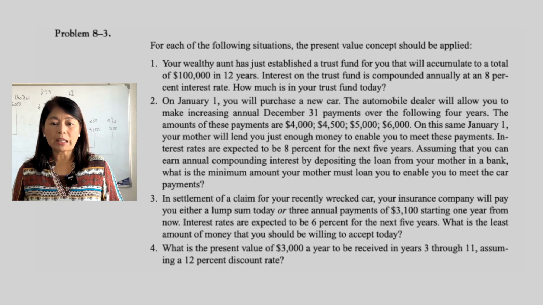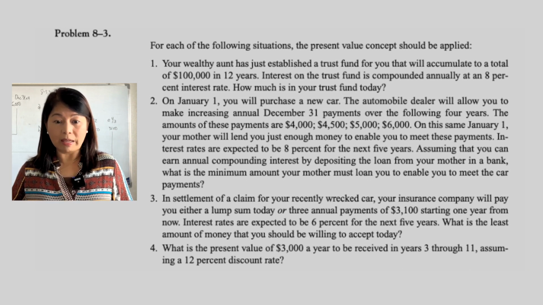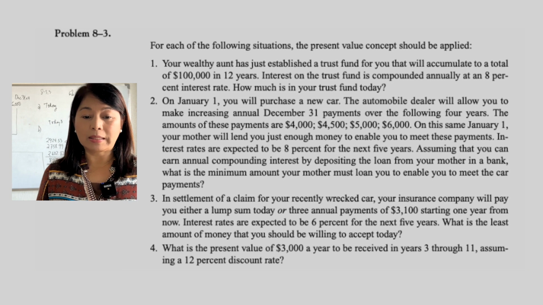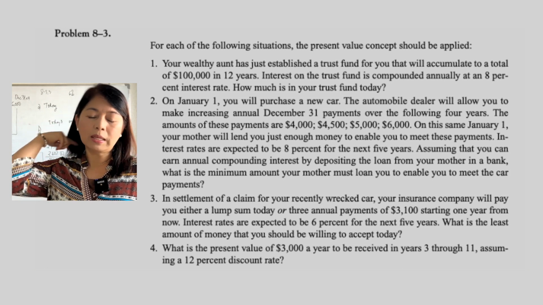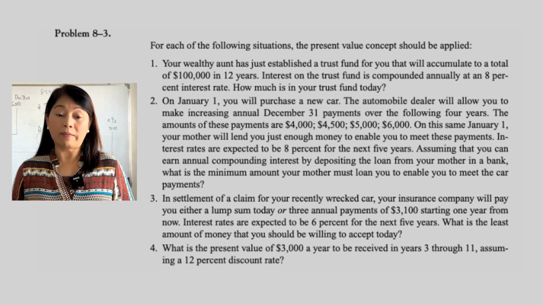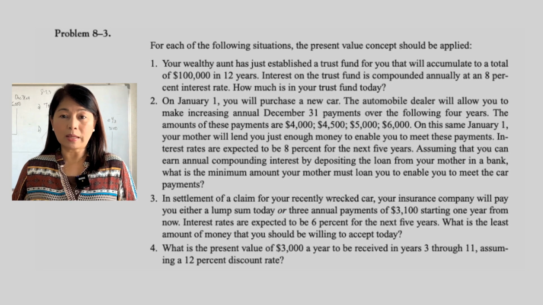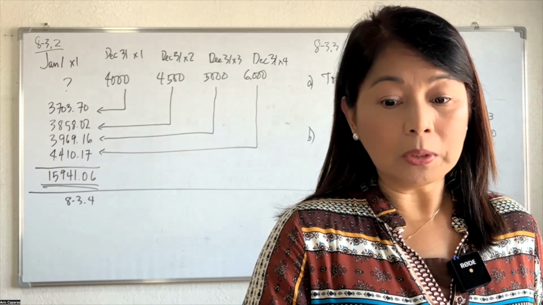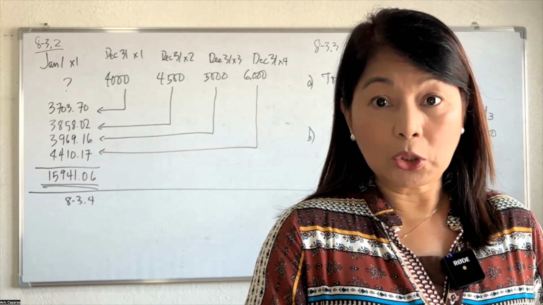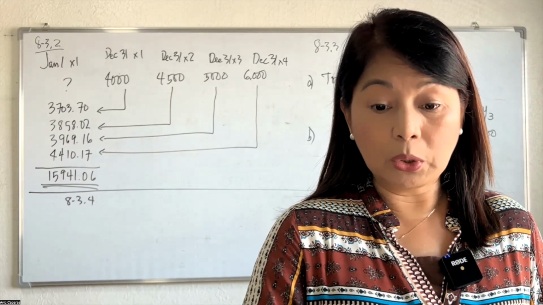What is the present value of 3,000 a year to be received in years 3 through 11, assuming a 12% discount rate? So this needs a calculation that is there in the book. I will just show it to you.